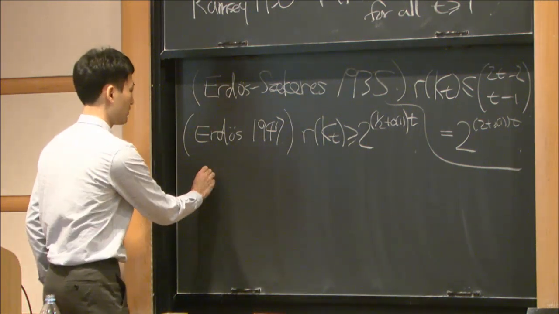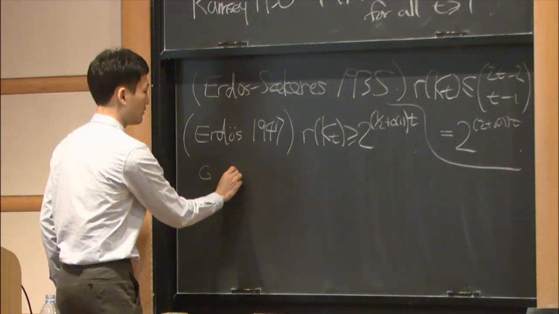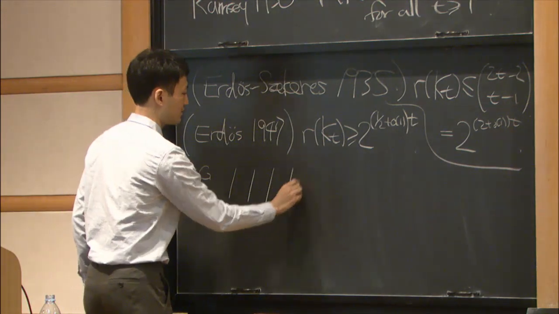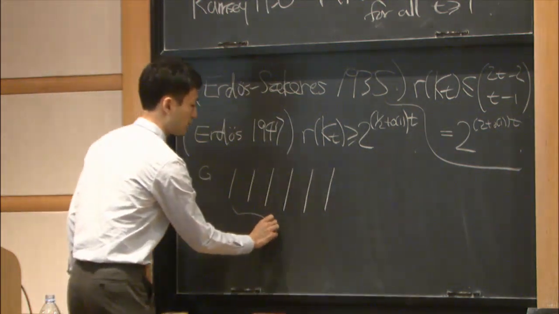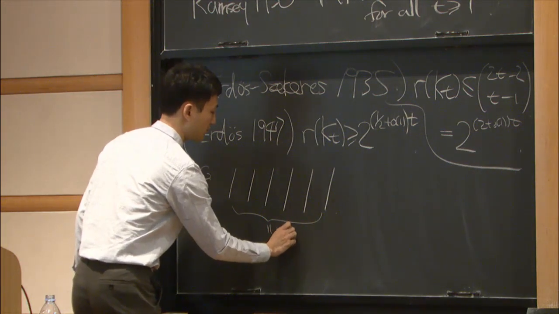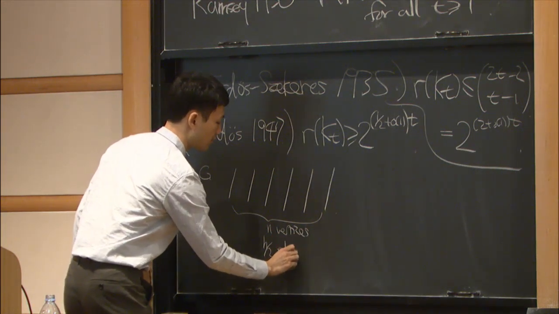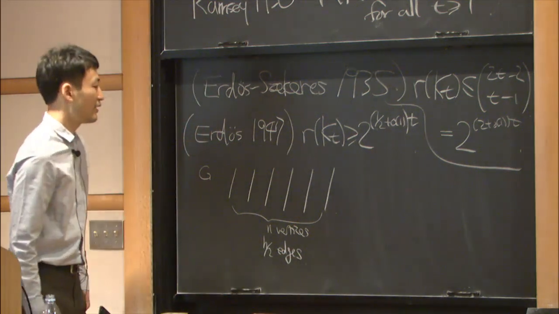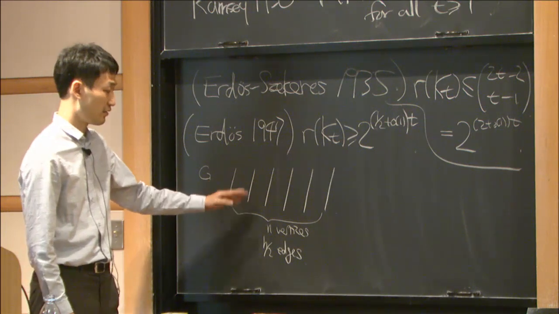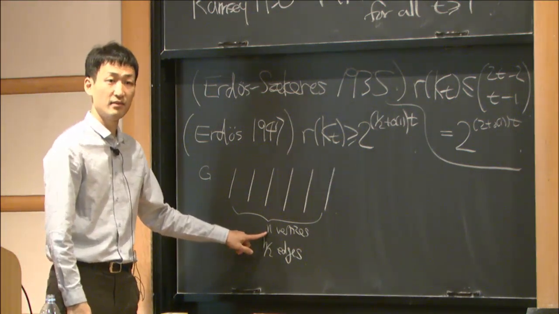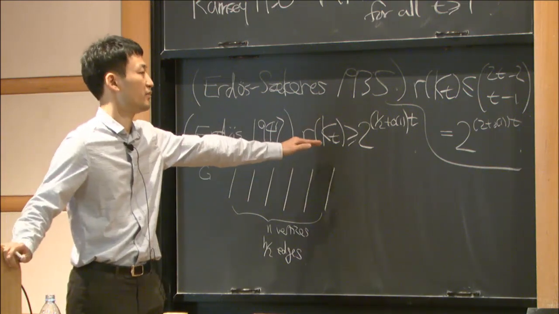One example is if you consider a graph G that is a matching, with n vertices and n over 2 edges. Then it's really easy to see that the Ramsey number of this graph is linear in n. Giving a linear upper bound is easy. So it doesn't have to always be exponential.